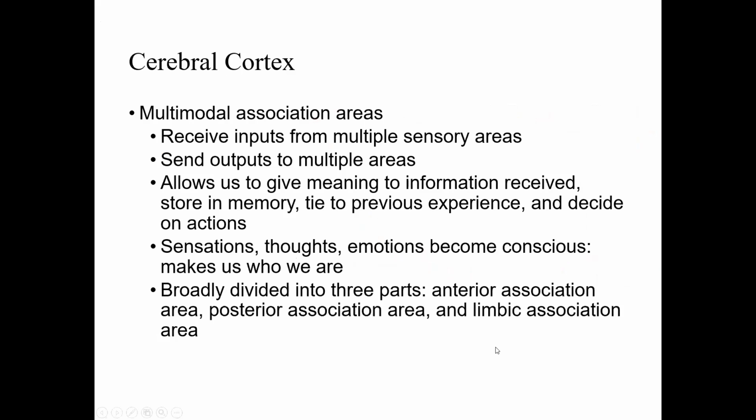Okay, so our cortex, our cerebral cortex, doesn't operate in a vacuum. There's multiple inputs from multiple areas. There is output to multiple areas. So we're always receiving sensory input from odors and sounds and touch and pressure and pain.